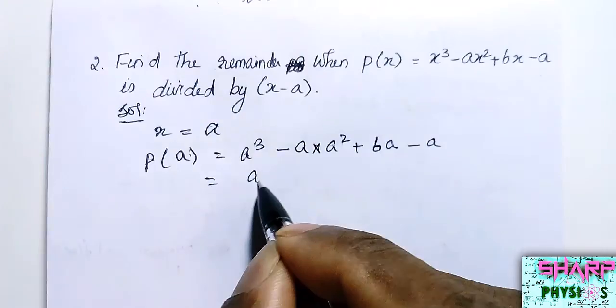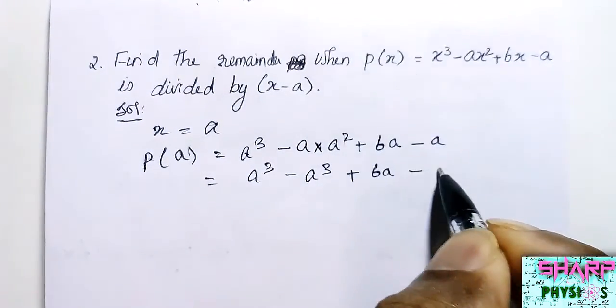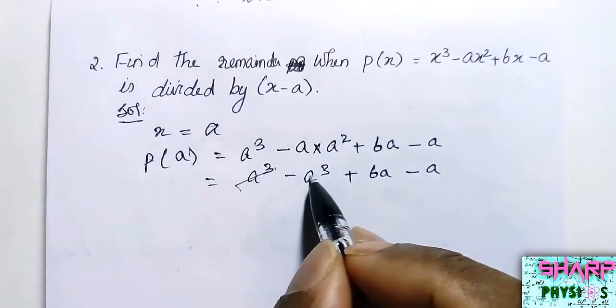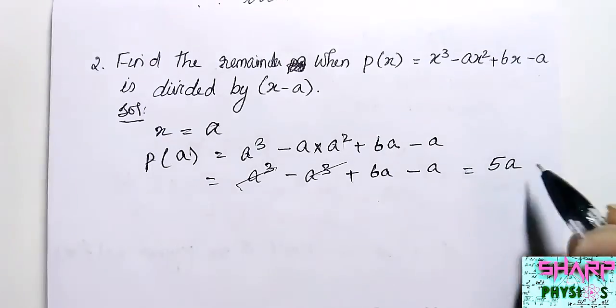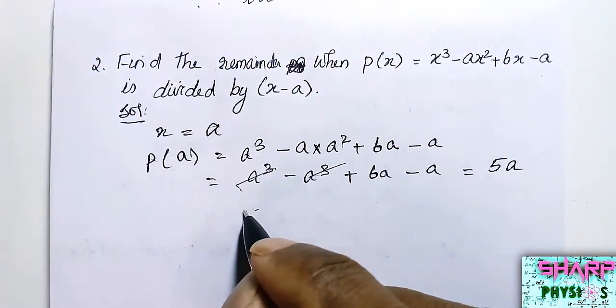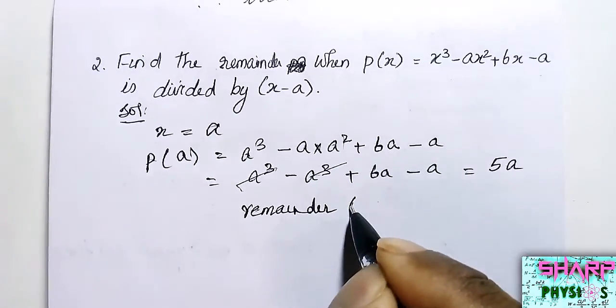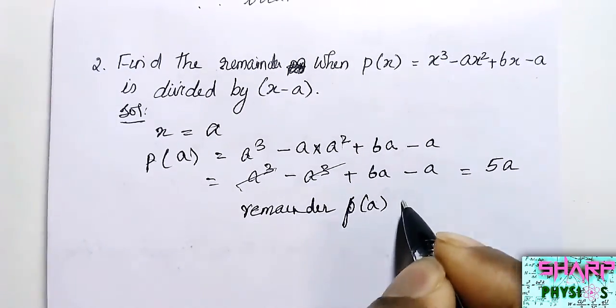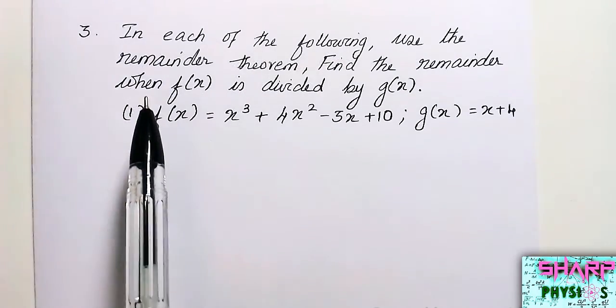So a cube minus a cube plus 6a minus a. So these two will get cancelled and you will get the answer 5a. So the remainder of p of a is nothing but 5a. So we will see the third problem.